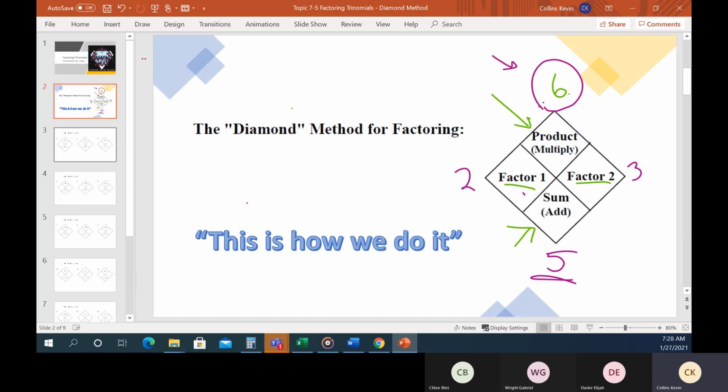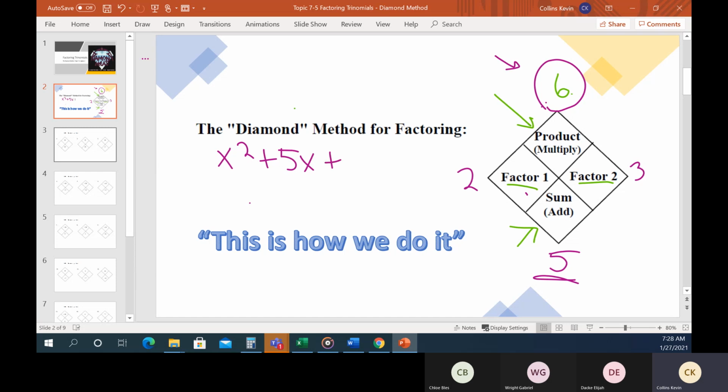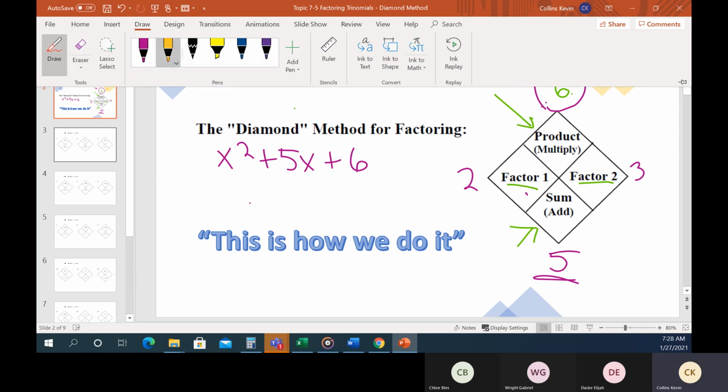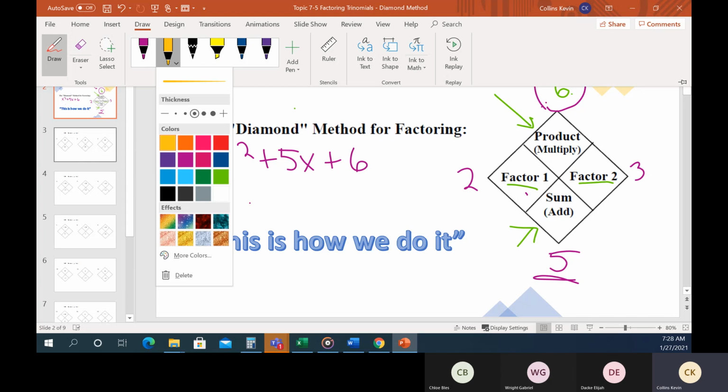Okay. So then what this really does, when we get around to it, I'll give you a preview, and then we're going to practice some of these. So if you had x squared plus 5x plus 6, on our puzzle here, the 6 is going to be the guy upstairs.